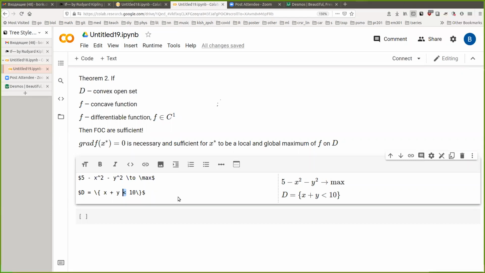So if I find a point on my set D that satisfies the condition that the gradient, all derivatives, are equal to 0, then bingo. This point is certainly a maximizer of my function.